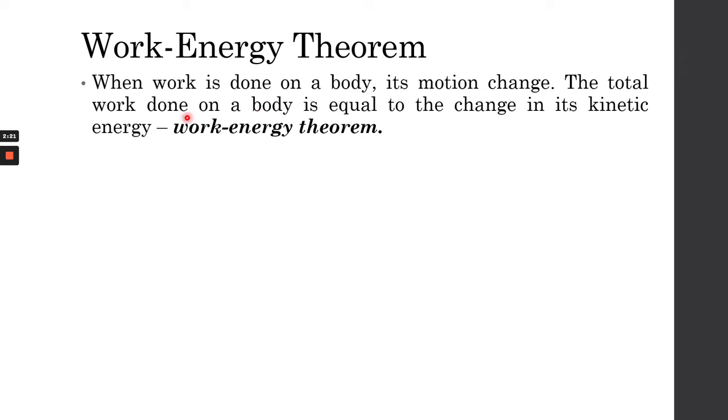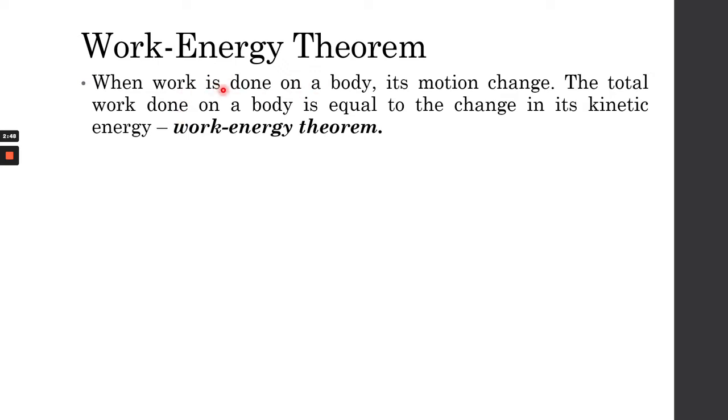So the total work done on a body is equal to the change in its kinetic energy. There's a change in the kinetic energy because kinetic energy, as you have all been familiar by now, is the moving energy related to the movement of the object. So by changing the motion of a body or a system, there is a change in the kinetic energy.